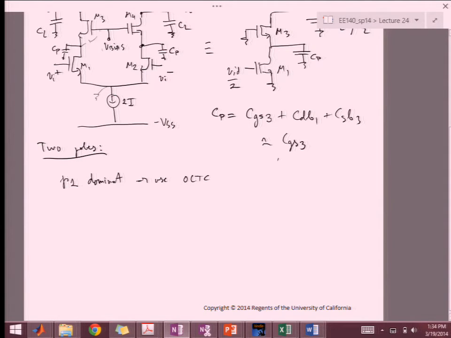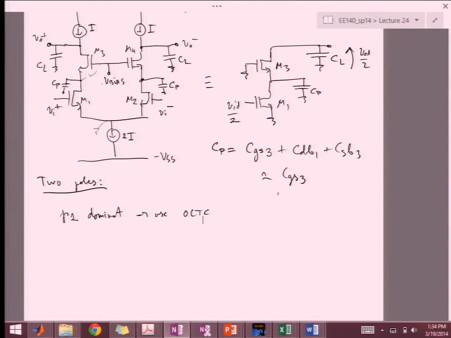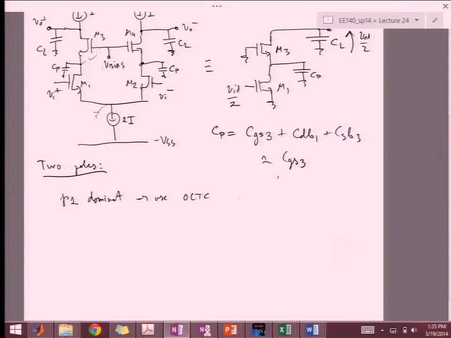Right. We're using open circuit time constant because we're assuming it's dominant, so the other capacitor hasn't activated yet, hasn't shorted yet, right? So the other capacitor can only contribute through the resistance that the dominant capacitor is seeing, so this other capacitor should be open during that time. Okay, so from that, what is P1?